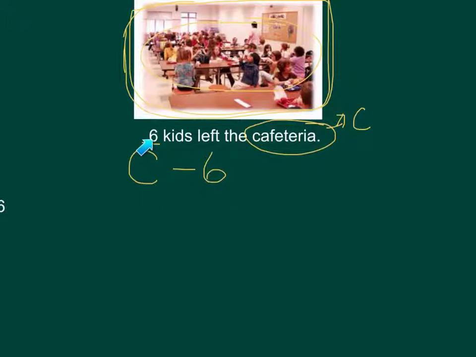How many kids left? 6. So we put minus 6. Now, has anything up here asked us to solve as far as how many kids are in the cafeteria now? No, and that's okay. C minus 6 would be your answer.